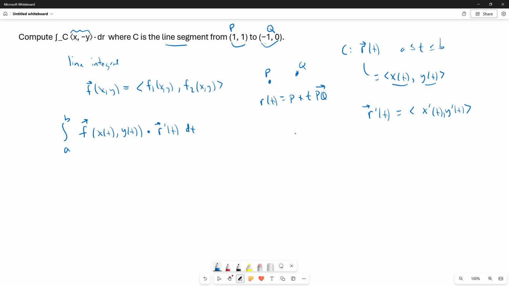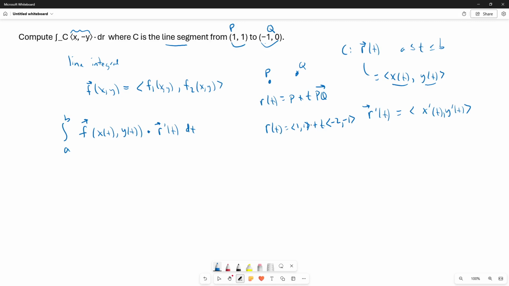So in our case, r of t is the vector ⟨1, 1⟩ plus t times the vector from P to Q. We take the components of Q and subtract the components of P. So negative 1 minus 1 is negative 2, and 0 minus 1 is negative 1.